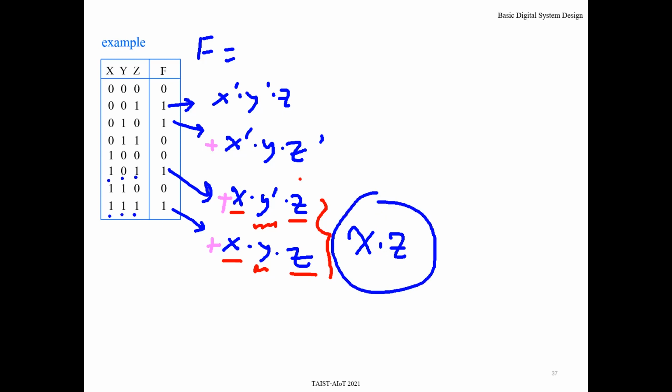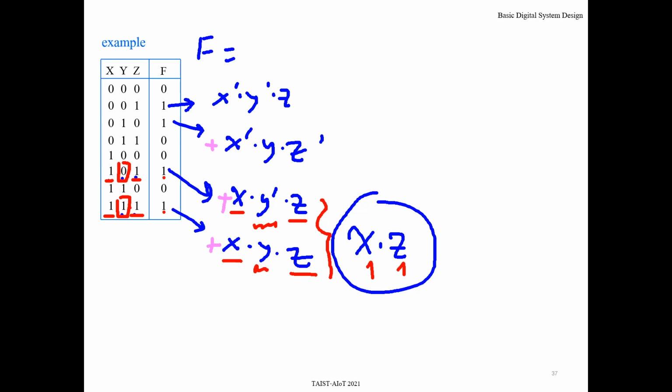That means this term will be 1 when x is 1, z is 1, not depending on y. Y can be 0, y can be 1, not affecting the result, because the result is based on x and z only.